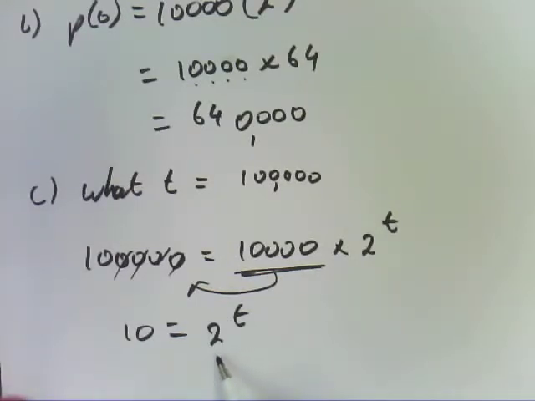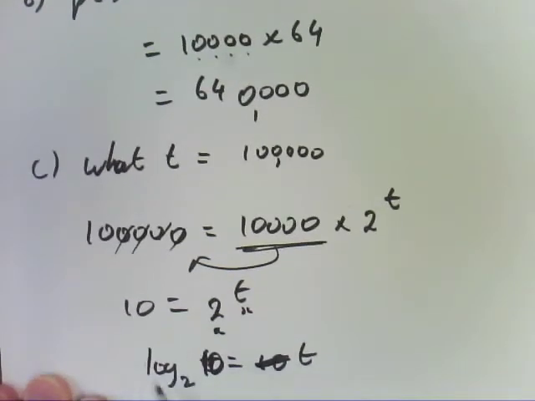So that's a, that's x, so it's log base 2 of 10 equals T. Wrong way around. Log base 2 of 10 equals T. So if you on your calculator do log 2 of 10, you'll find out T.